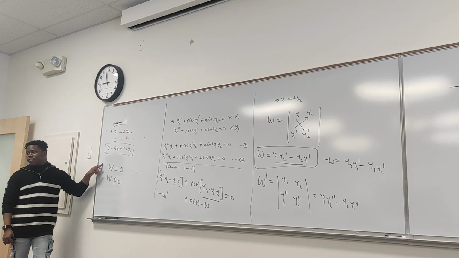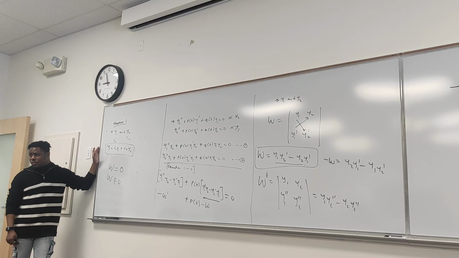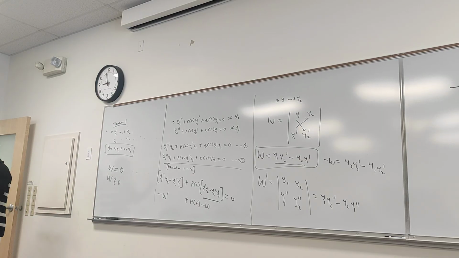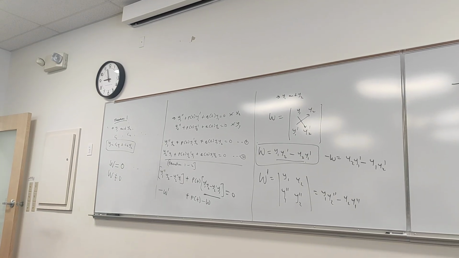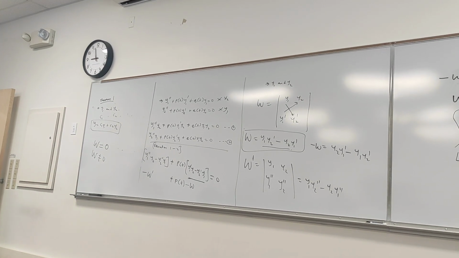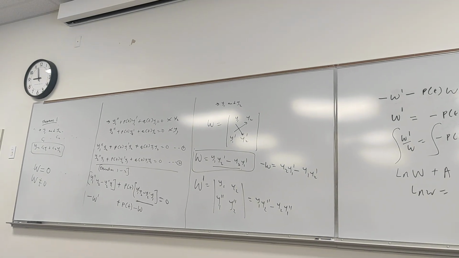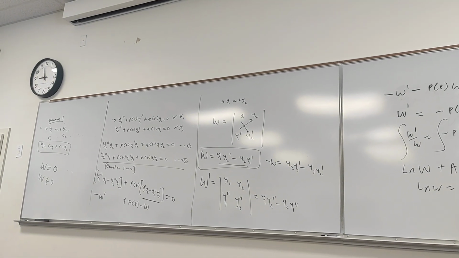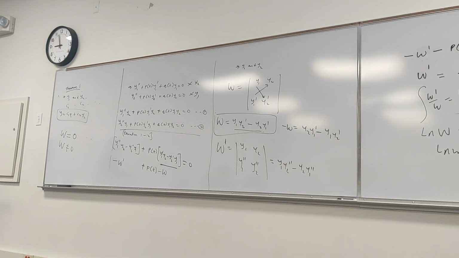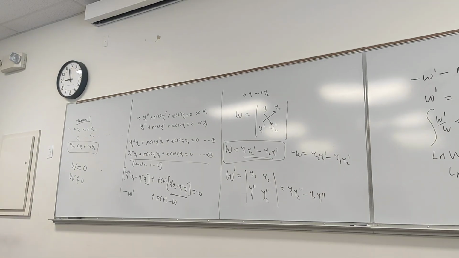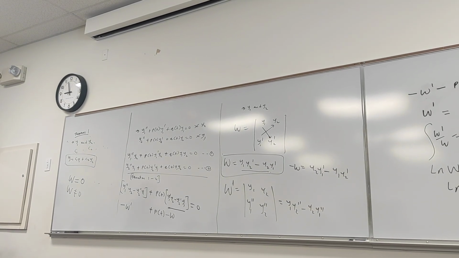If the Wronskian value is equal to 0, then this solution does not satisfy that differential equation. So I can give you two values and ask, are these two values solutions to a differential equation? The only way you can know is you calculate the Wronskian of those two values. If that W value is 0, they are not solutions. If it's non-zero, they are solutions. And that's what these two theorems are telling you.